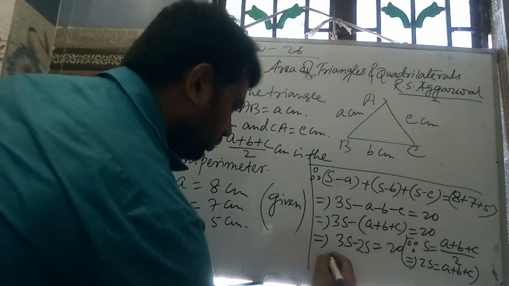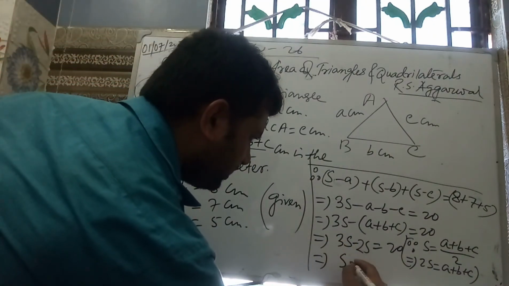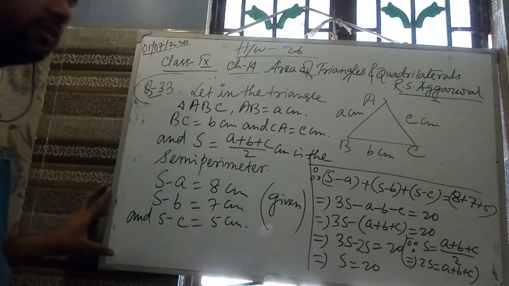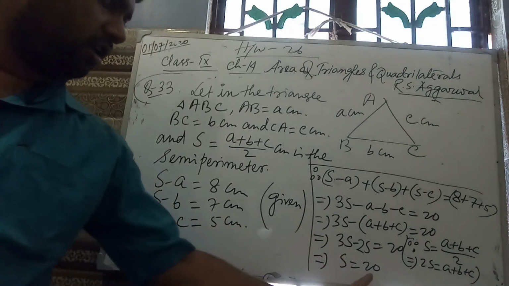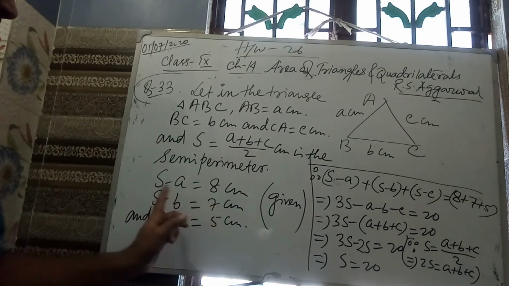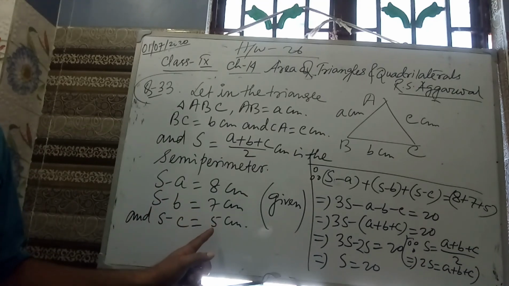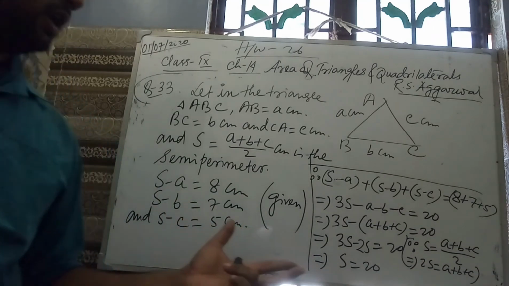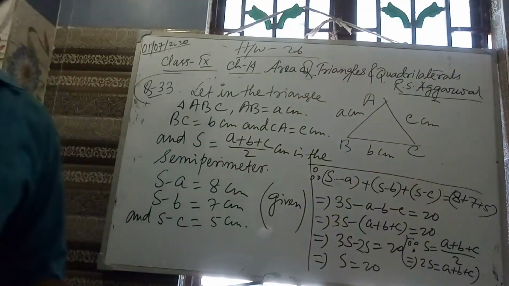So 3s minus 2s, that implies s equal to 20. So you got s equal to 20, s minus a 8, s minus b 7, s minus c 5. Therefore you can easily find out the area of the triangle using Heron's formula.